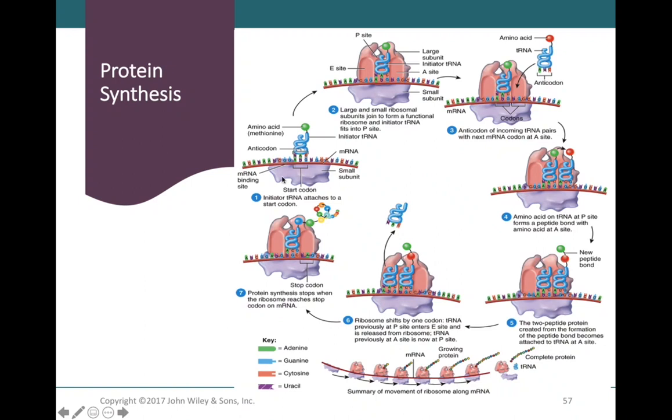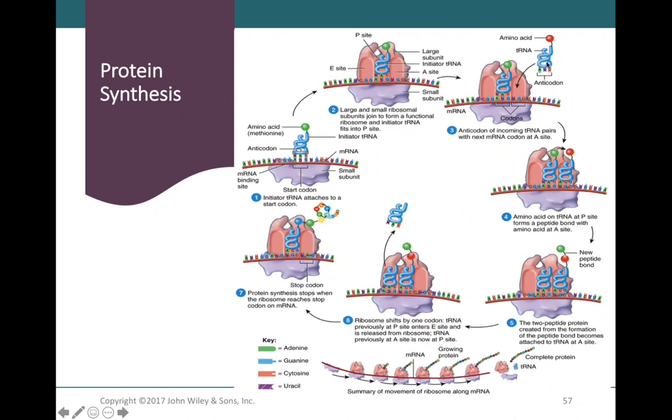So again, we have our messenger RNA, and that's going to bind to a ribosome. The messenger RNA is going to have a start codon, which is going to bring in our first transfer RNA molecule. That is determined by the individual sequence of the anticodon and the start codon. The transfer RNA is going to bring in an amino acid attached to it. The large subunit is going to come in here, and it's going to house our transfer RNA.